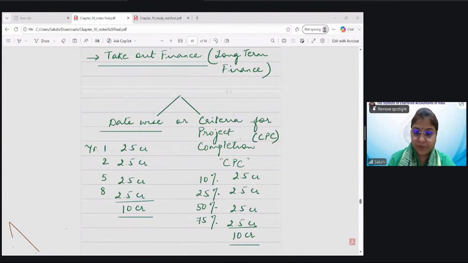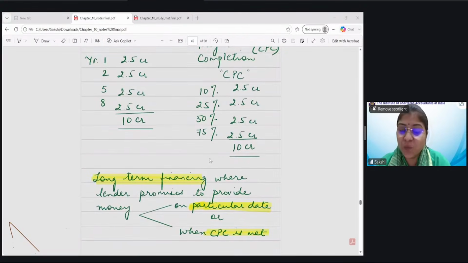See, now they say it is a long-term financing where the lender promises to provide money. Lender is the bank. It promises to provide money either on a particular date or when CPC is met. What is CPC? Your criteria for project completion: this much percentage complete, you take this money; this much percentage complete, you take this money.